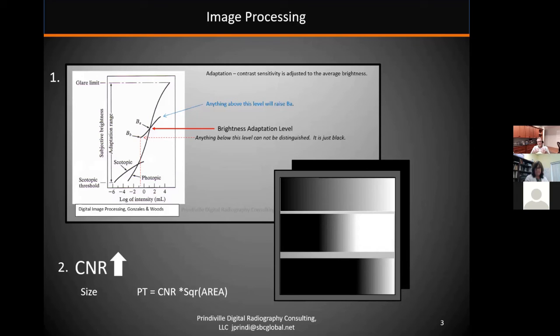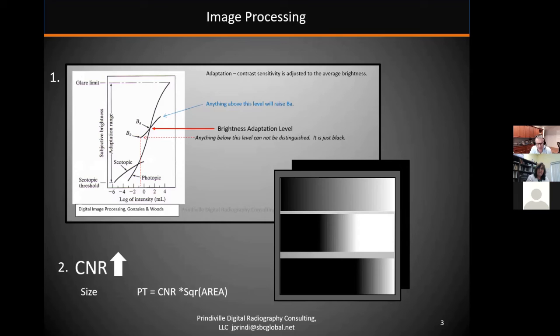Sometimes that's a several step process. The more successful I am at doing that, the better I am at getting a higher perception threshold and being able to pull out what I need to see and having it fit inside that image. So those are the goals of image processing.